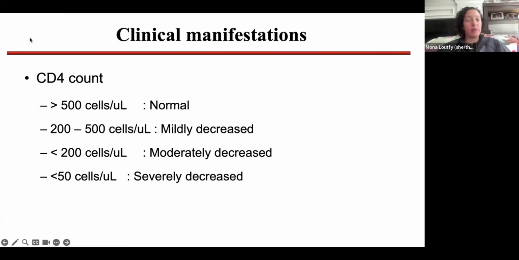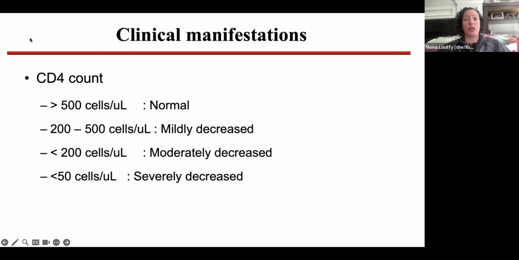Okay, so here is how advanced someone's HIV is based on the CD4 count. We say that if it's greater than 500, it's normal. If it's between 200 and 500, it's mildly decreased. I would say mildly decreased is more like 350 to 500. If it's less than 200, it means there's significant immunosuppression, and less than 200 is really our worry zone.